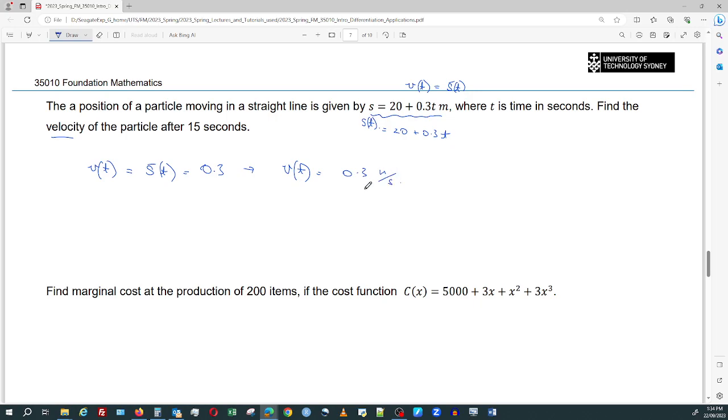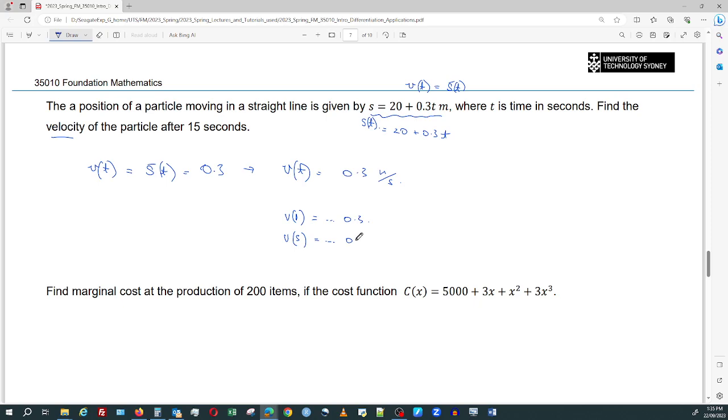So it's a constant. Doesn't matter if it's 15 or 20. Doesn't matter if it's the first second. Where's the t? There isn't any. What about if it's the 5th second? Doesn't matter.